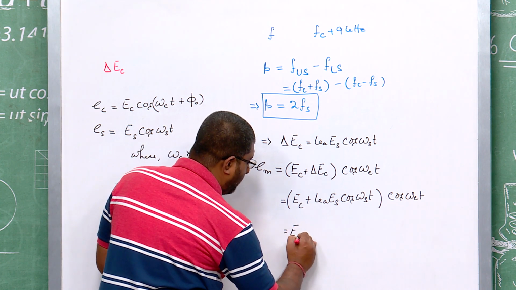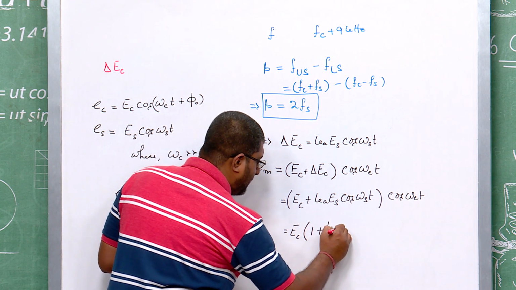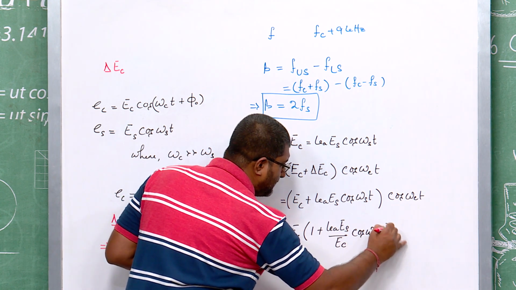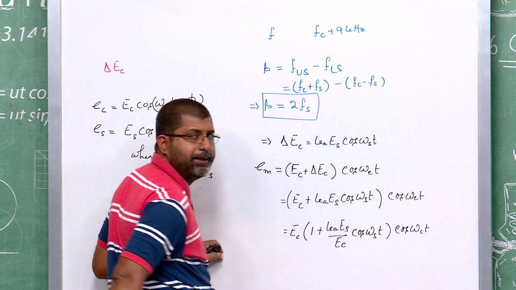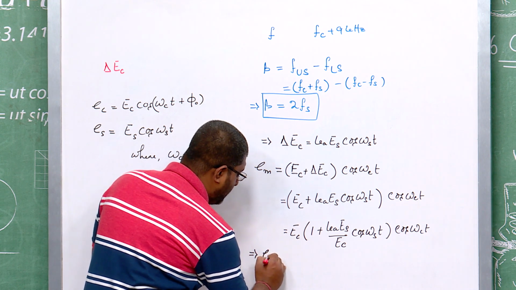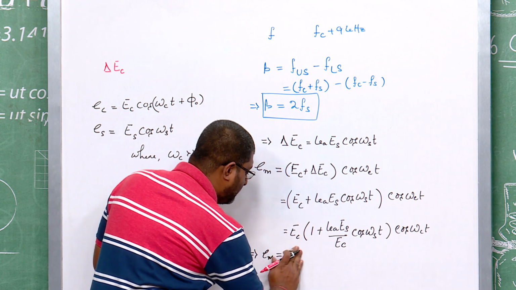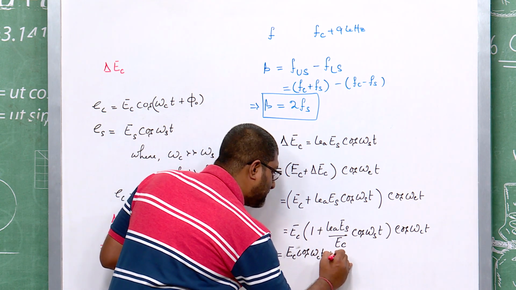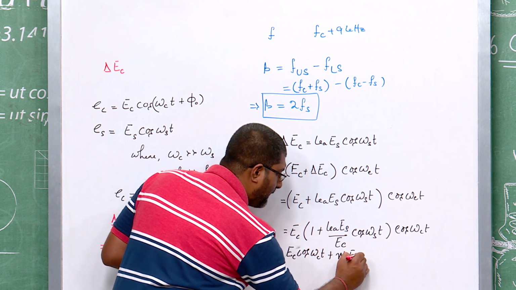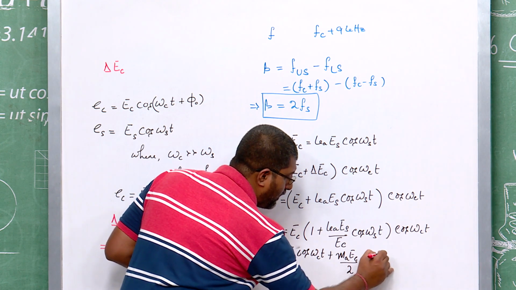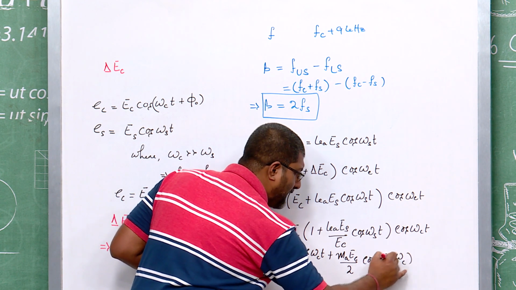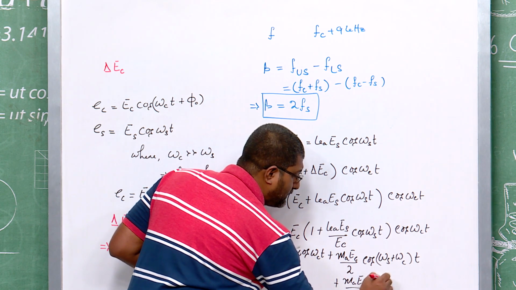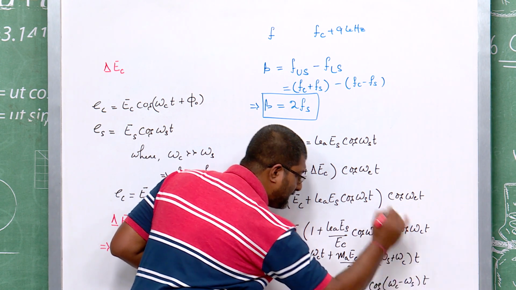If Ec is taken common, then 1 plus Ka Es by Ec cos omega s t, into cos omega c t, and this comes out to be Em equal to Ec cos omega c t plus Ma Ec by 2 cos omega c plus omega s into t plus Ma Ec by 2 cos omega c minus omega s into t.